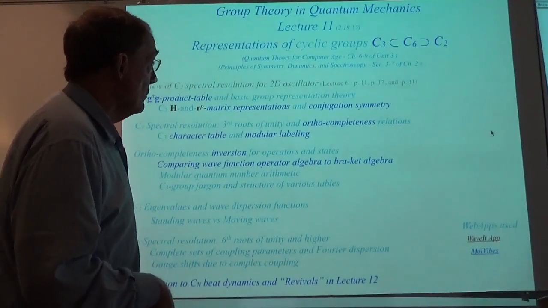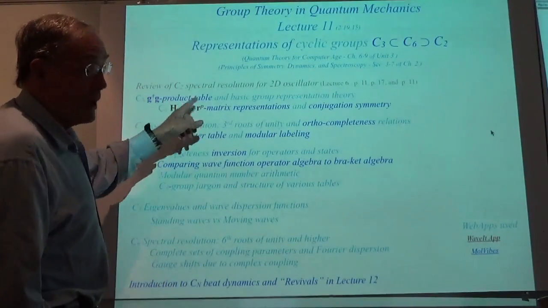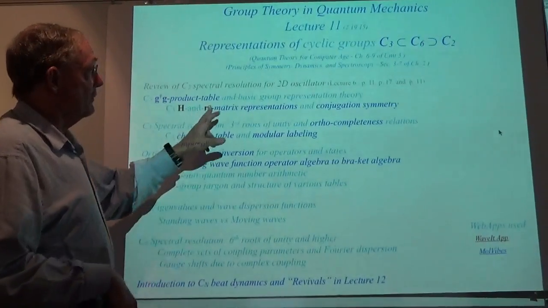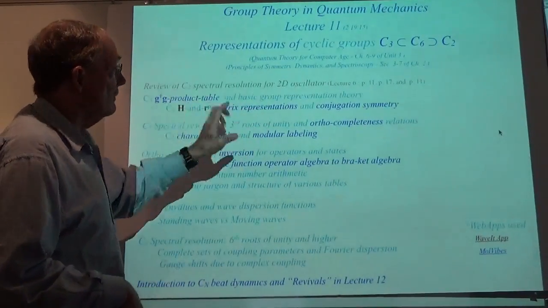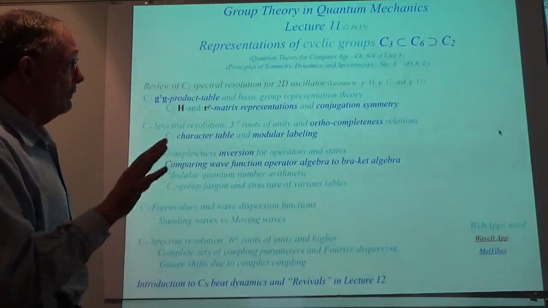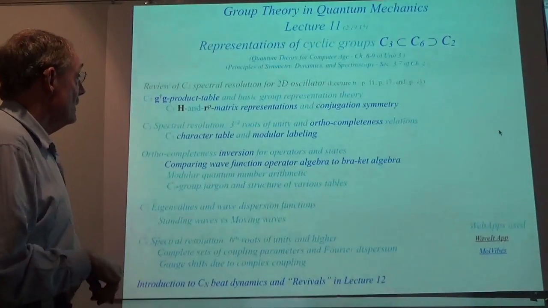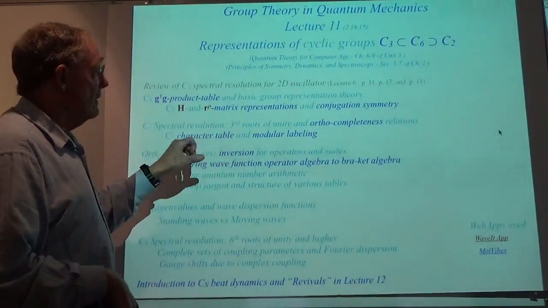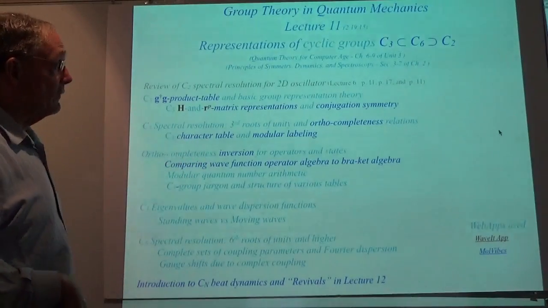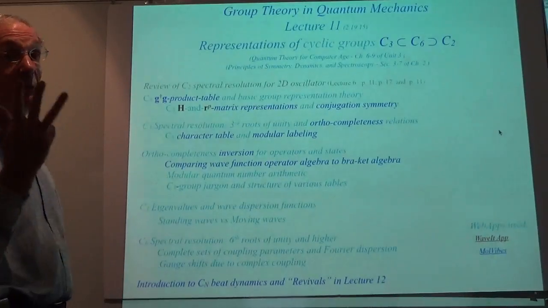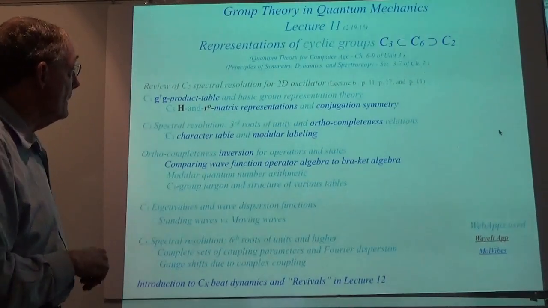But today I also want to do the product table derivation of the so-called regular representation and discuss the conjugation symmetry, some very basic things that are true for all applications of group theory, and then go right into the spectral resolution of a 3x3 Hamiltonian for a three-dimensional oscillator that has symmetry.